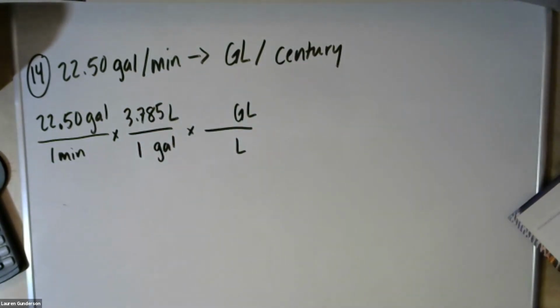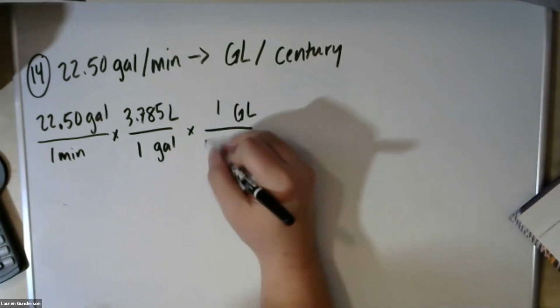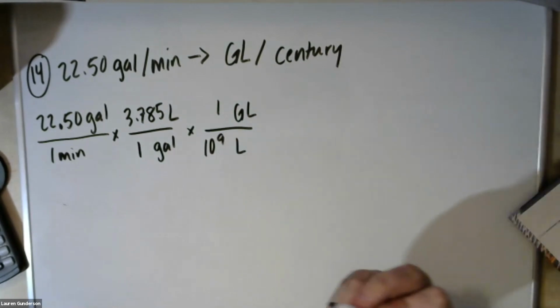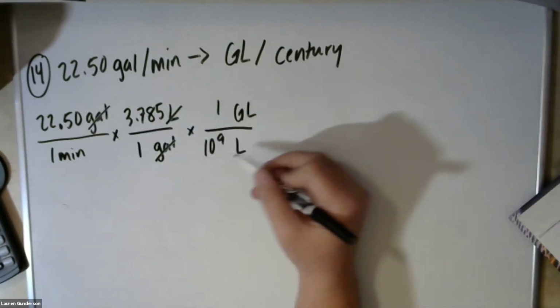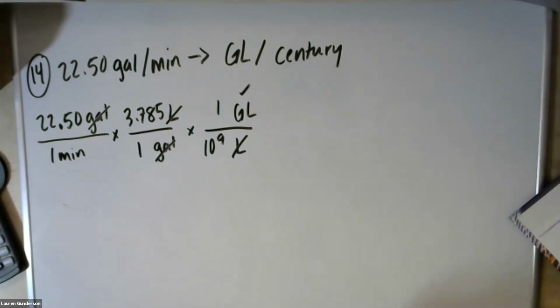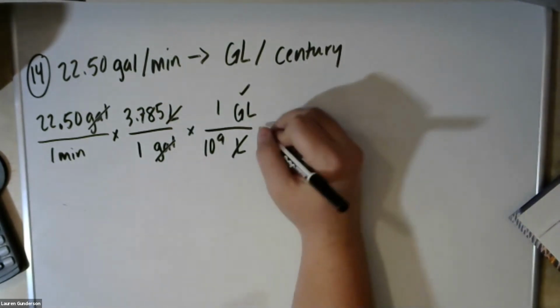Okay, and then I can look at my metric table. The prefix giga is 10 to the 9. And every 1 gigaliter, there's going to be 10 to the 9 liters. So gallons has canceled out, liters has canceled out, and now I'm in terms of gigaliters, which is where I want to be.